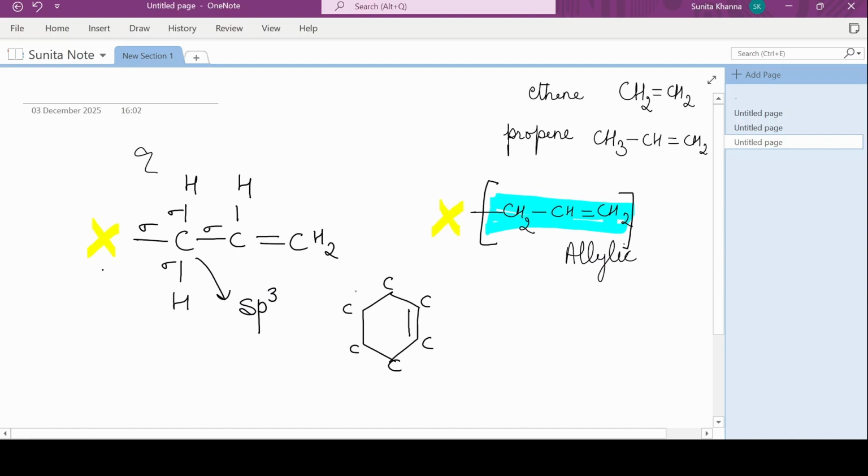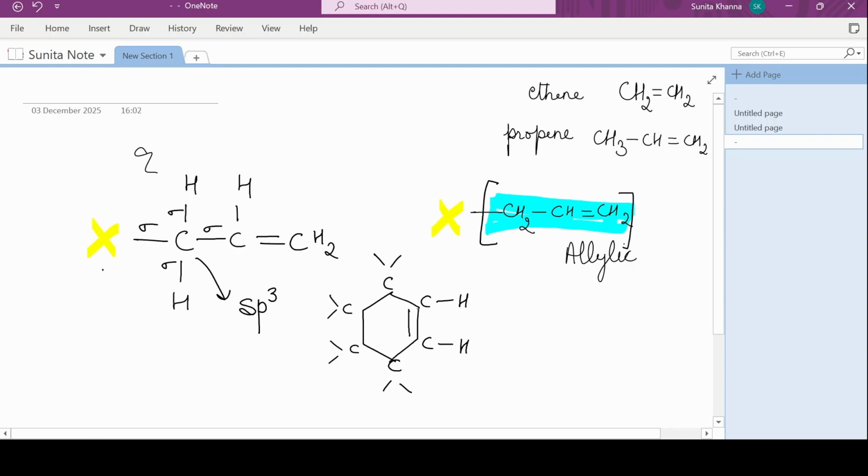And as the 4 valences of carbon should be satisfied and nothing is mentioned, the remaining will be hydrogens: 1, 2, 3, 4, and so on.